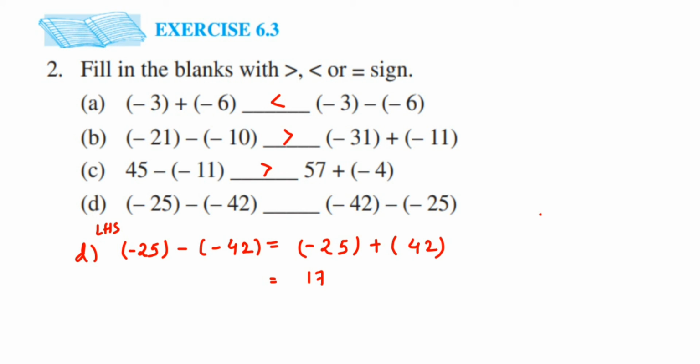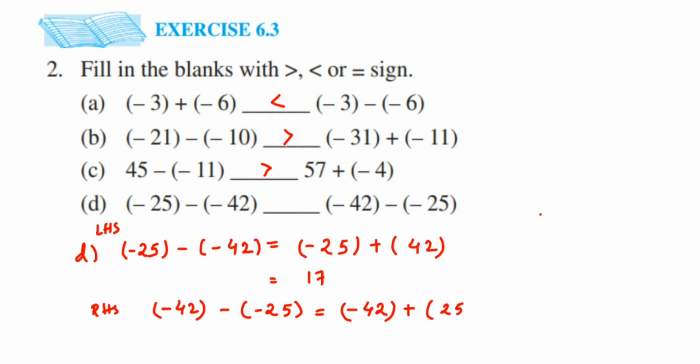The next is the RHS part. In the RHS we have minus 42 and then minus minus 25. Again subtraction, so the first integer will remain the same, which is minus 42, and instead of subtracting, we're going to do addition, and the additive inverse of minus 25 is 25.